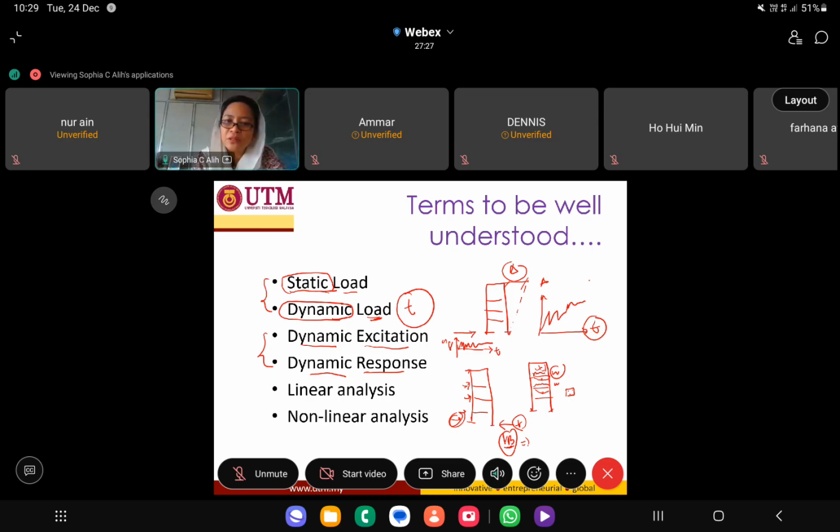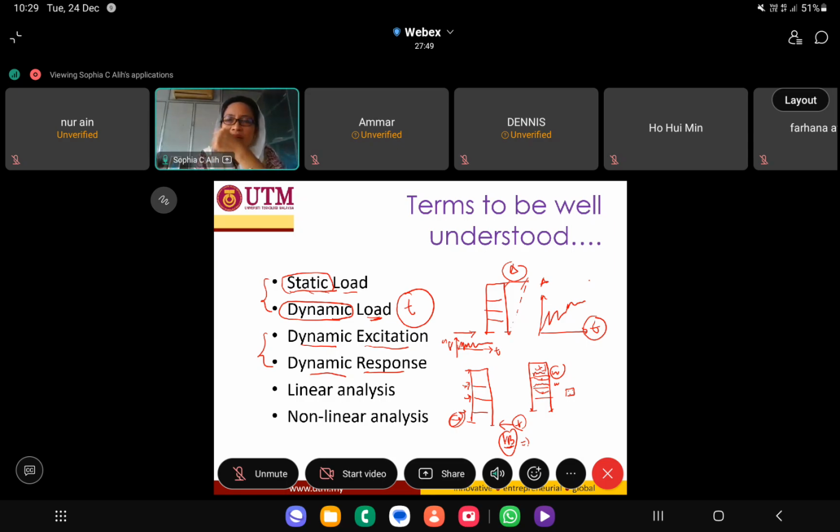But the load that you consider in here is from the earthquake load, which also changes with time, that you can represent into the base shear, so you can also go for the static load. All right, so these two you have to understand first whether it is static or dynamic.